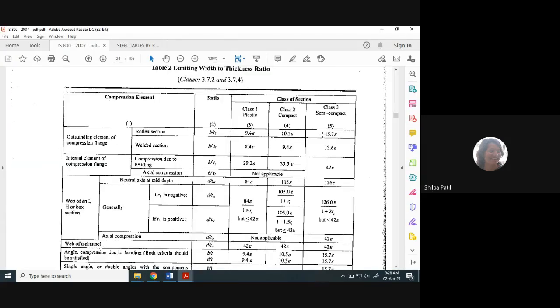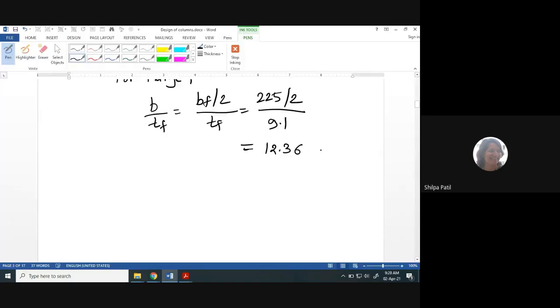For rolled section, it is 15.7 epsilon. So this value is coming less than 15.7 epsilon. So flange is semi-compact.